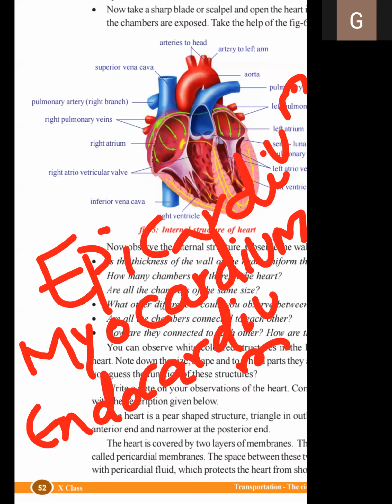Epicardium is the outer layer, myocardium is the middle layer, and the inner layer is endocardium. So the heart wall is made up of three layers: epicardium, myocardium, endocardium. Okay, next.